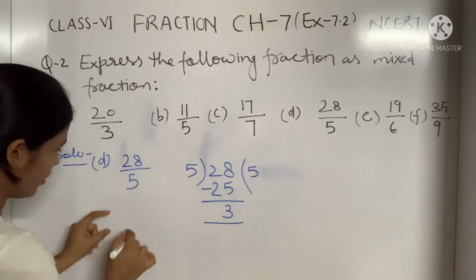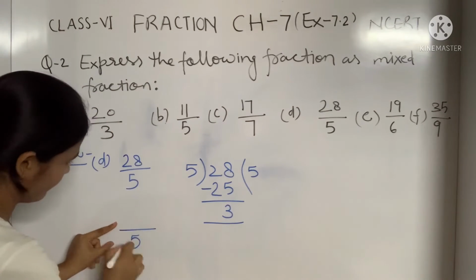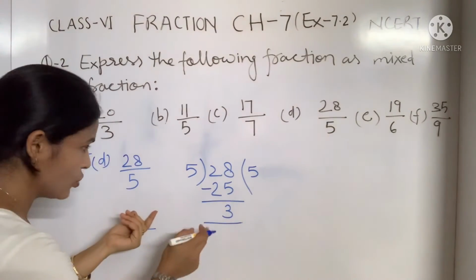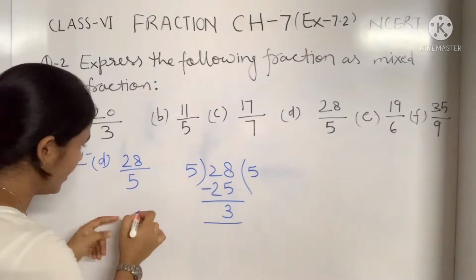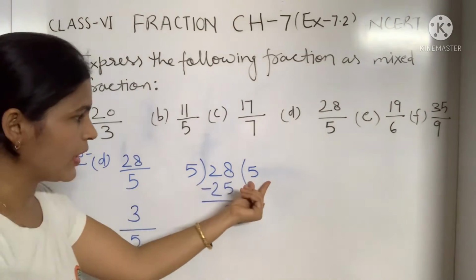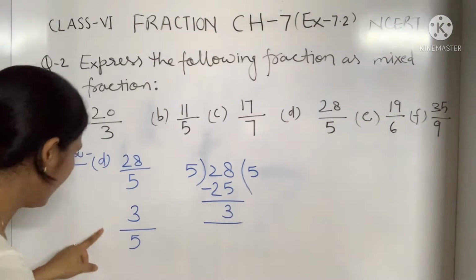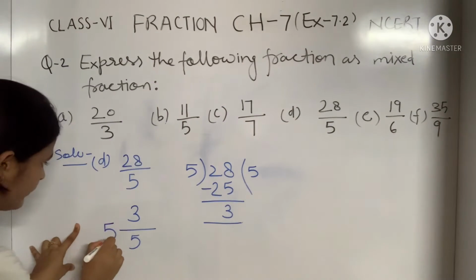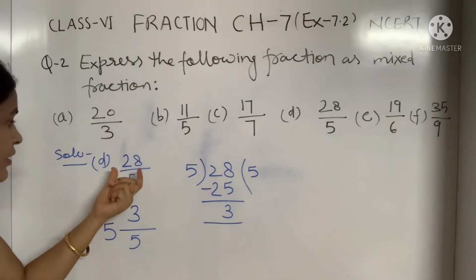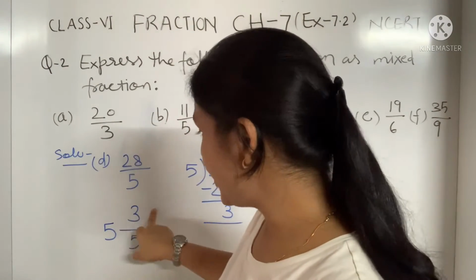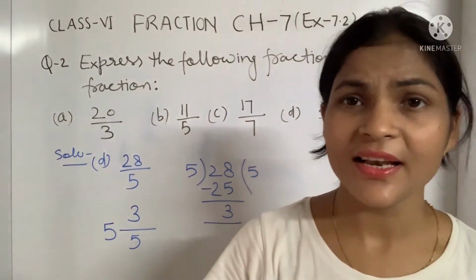The denominator always comes down, so I have written 5 here. The remainder always goes up, so I write 3 here. And the whole part always goes in front, so I write 5 here as the whole part. So I can write 28 upon 5 as a mixed fraction: 5 and 3 upon 5. Now move to the next part.